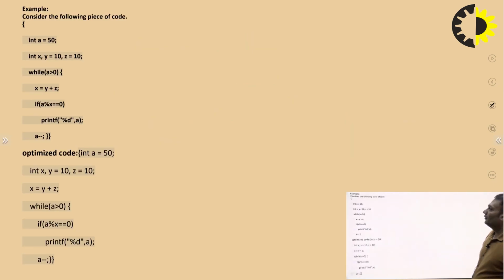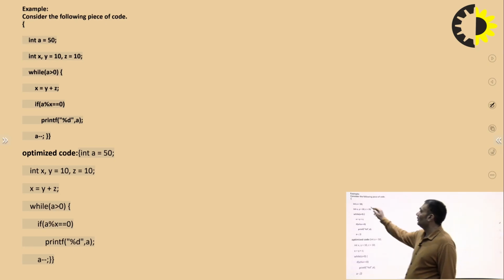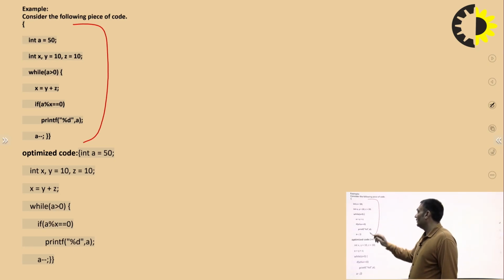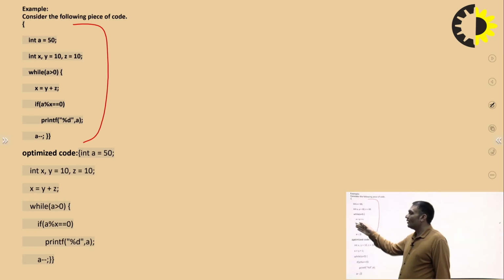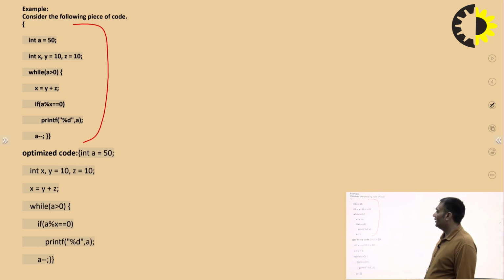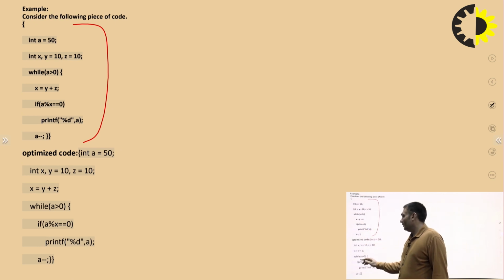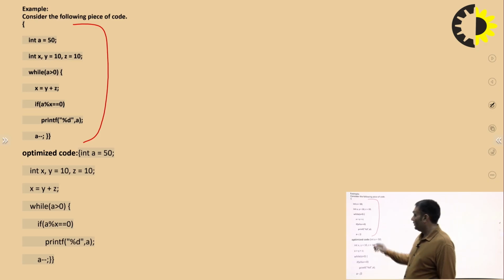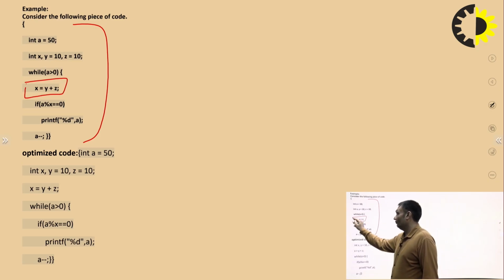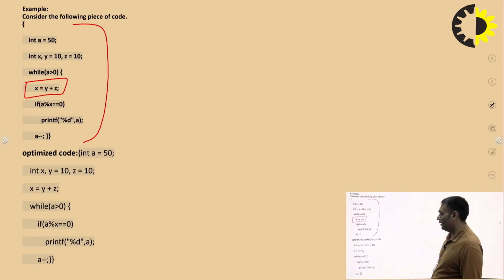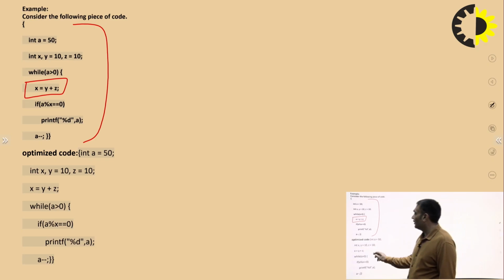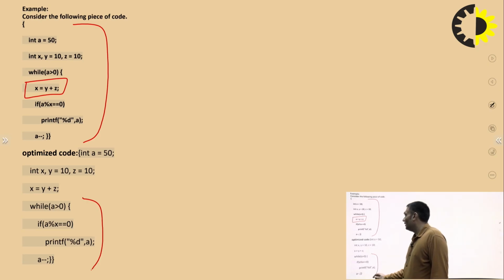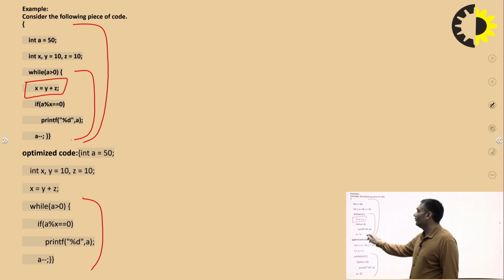So for example, this is the previously written code. Here, some part of the code that is written inside the while loop will be written outside the while loop. So what is the part? This statement, x equal to y plus z, is written outside the loop, and the rest of the program is very similar to this one.